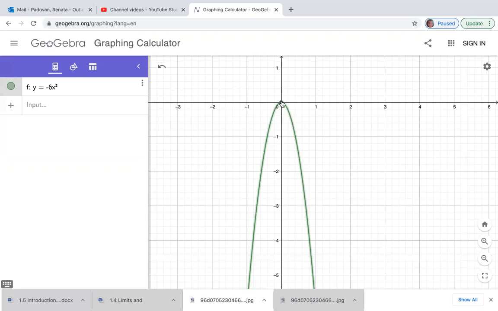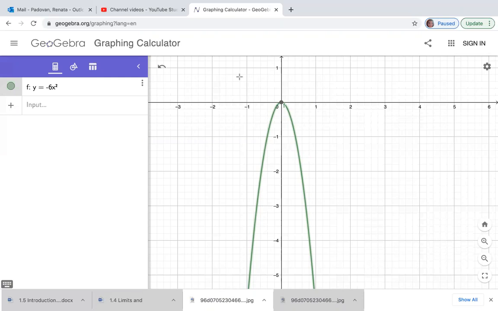So how would I draw a tangent line at that point? We've gone over that before. The tangent line at that point would simply be a horizontal line. So what's the slope of a horizontal line? The slope of a horizontal line is 0. See how my answer there of f prime of 0 was equal to 0? So the slope of the tangent line at x equals 0 is equal to 0. Hopefully that's starting to make sense now.